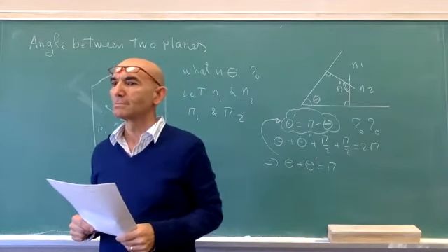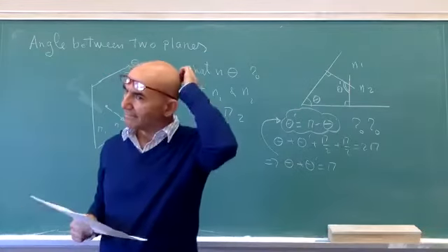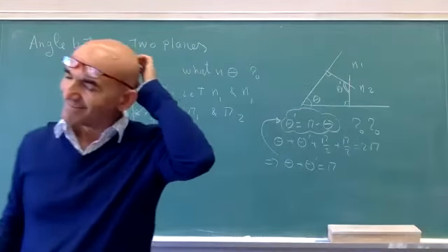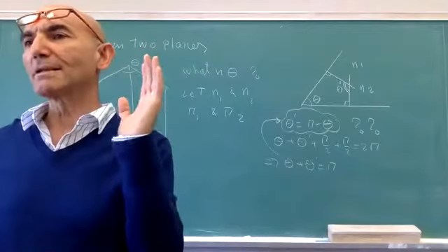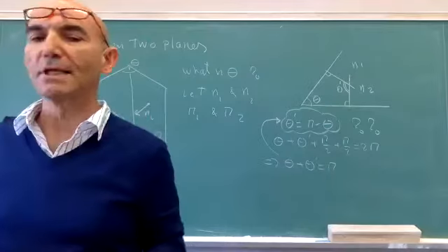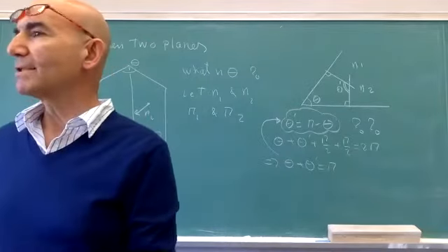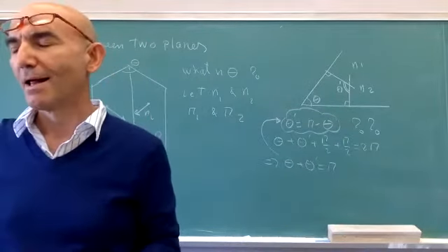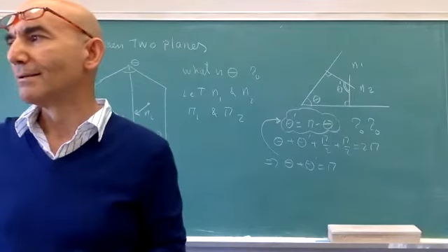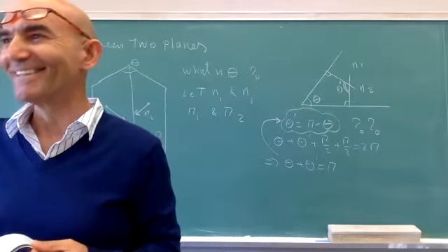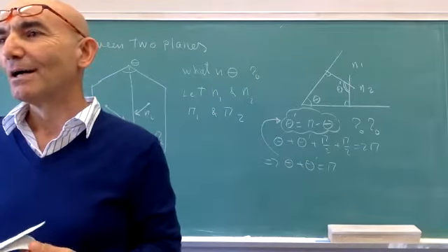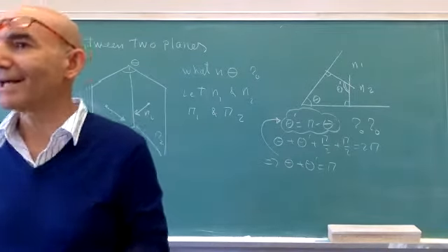It's simpler than that. If two angles add up to pi, 180, cosine of one is equal to what? Minus cosine of the other, yeah.